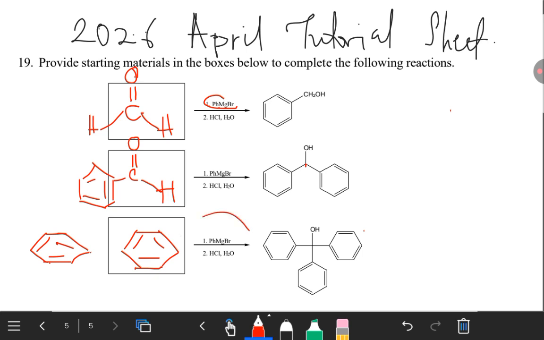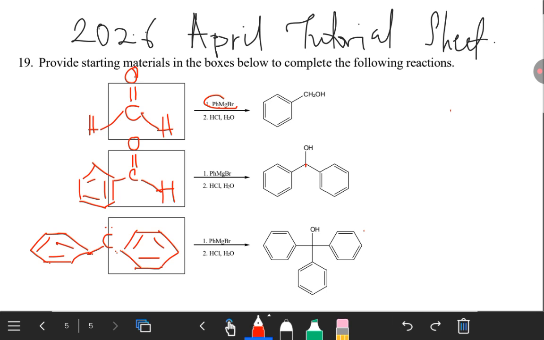Then this other phenyl group came from the one which is at the bottom. So because we need to form a carbonyl, there has to be a carbonyl, like that. But remember, this carbonyl carbon is not bonded to any hydrogen.